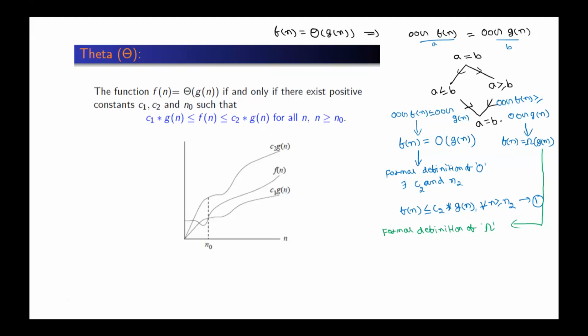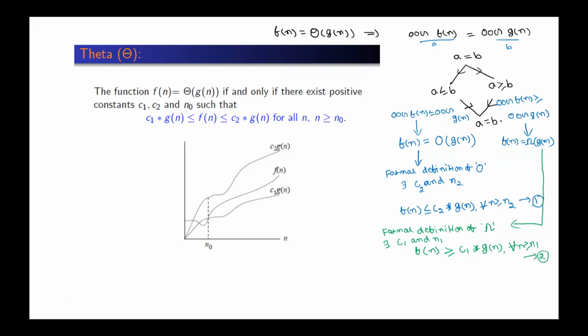There exist two constants, we can call them C1 and N1, such that f of n is greater than or equal to C1 into g of n for all n greater than or equal to N1. This I call as 2.